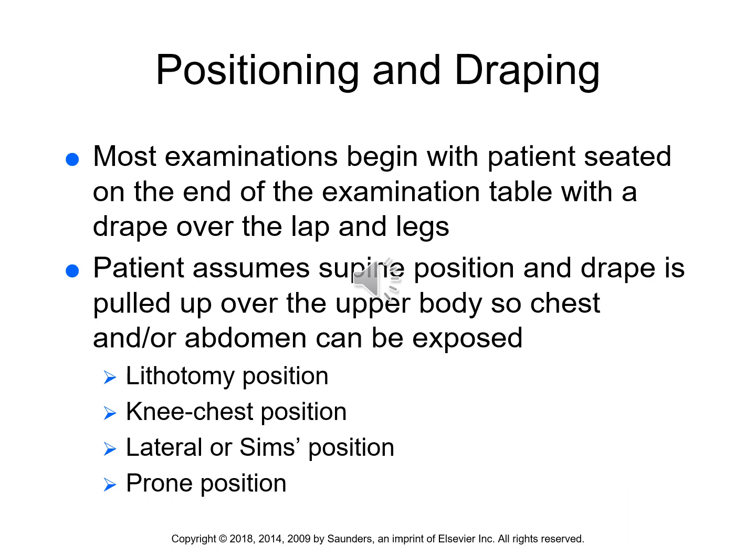For example, supine, lying flat on the back; prone, on your stomach; dorsal recumbent, on your back with your knees up and feet flat; lithotomy position, Sims position, knee chest position. So make sure you understand what each of those positions looks like.